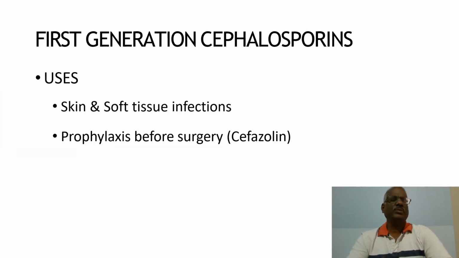If you go through the therapeutic uses of cephalosporins, the first generation are mainly used for skin and soft tissue infections and prophylaxis before surgery. Preoperative care has to be given to patients to avoid infections or nosocomial infections.